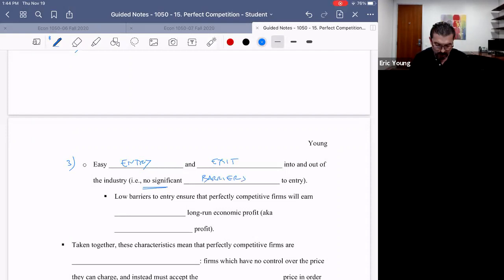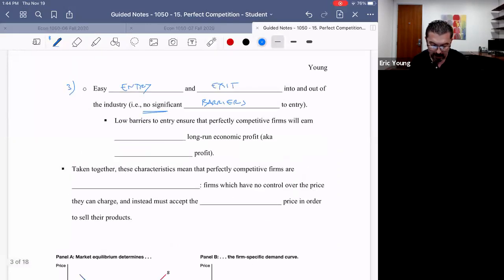Okay, so this third criteria, low barriers to entry. And this is really important because low barriers to entry ensures that in the long run, firms that are operating in a competitive market will earn zero long run economic profit, which we also know we're going to call normal profit. Okay, this is really important.